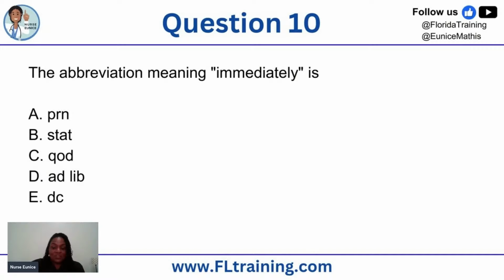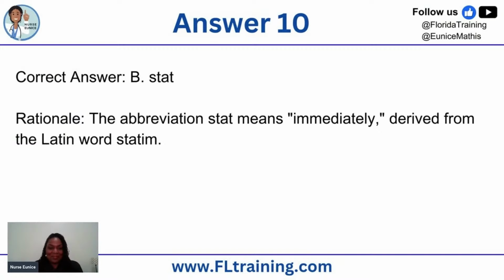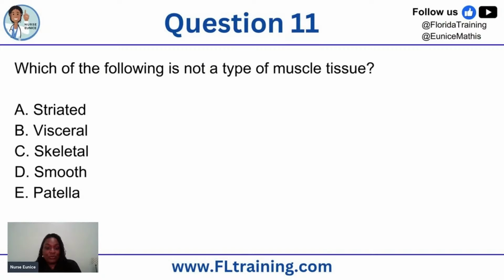That's too many syllables. So what's going to be the term? And for all 50 of you who put B stat in the chat, you are right. So the abbreviation STAT means immediately. So I may say, go do a blood pressure stat. That means you drop whatever else you're doing, and that blood pressure is now your priority.